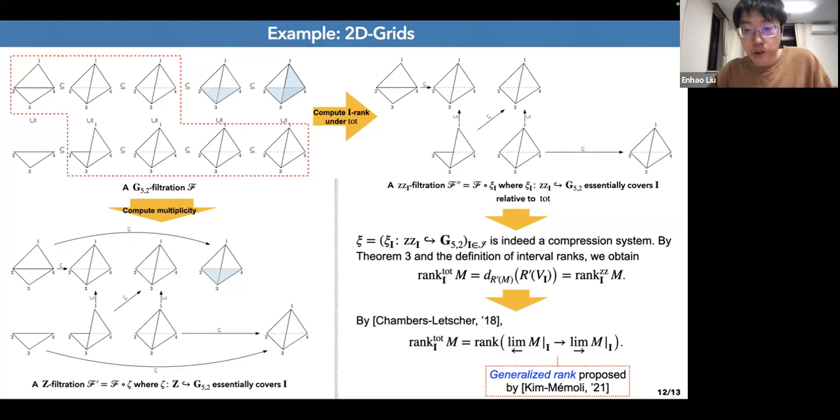So our essential cover can also cover the previous result of Kim and Mémoli, where they find a zigzag path or zigzag poset such that computing the rank of the limit to colimit over that poset also gives you the generalized rank invariant. Okay, great.